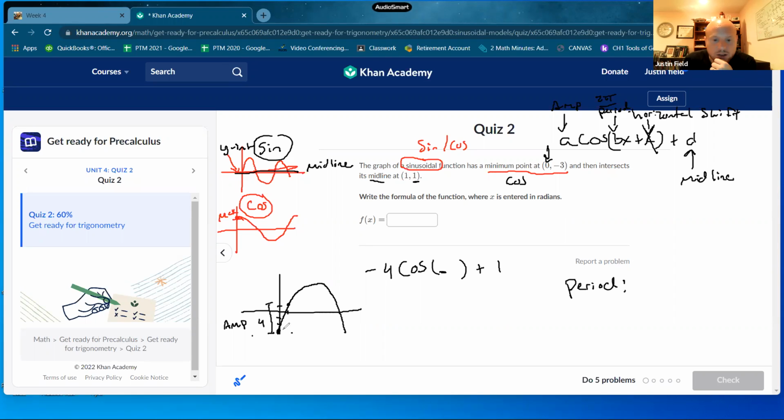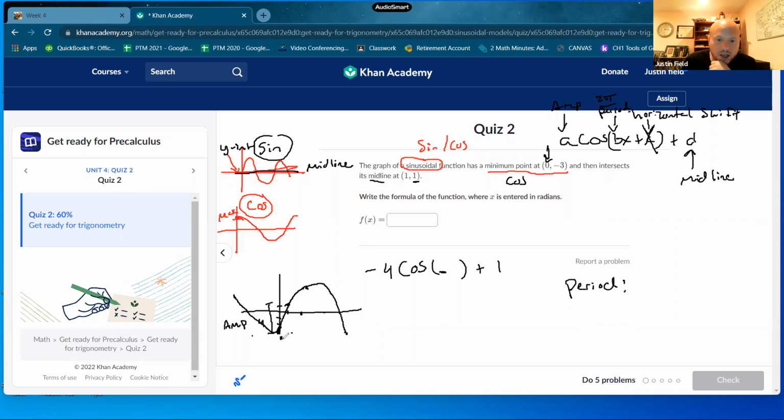From the midline to the minimum, the midline is right here, and the minimum is right there, and then it goes up to the maximum, and then back to the midline, and back to the minimum.